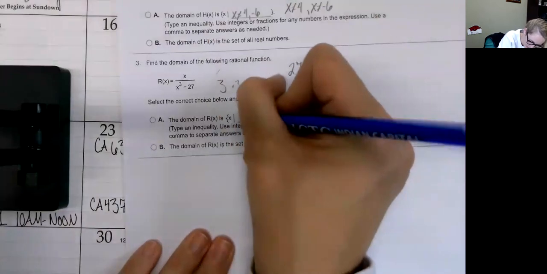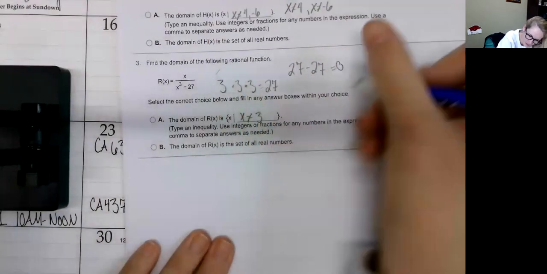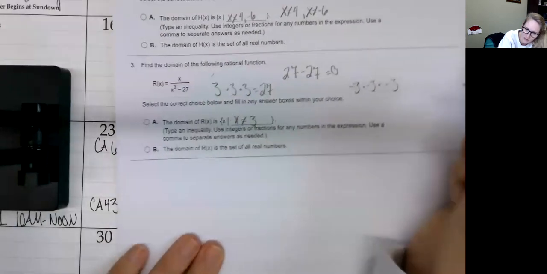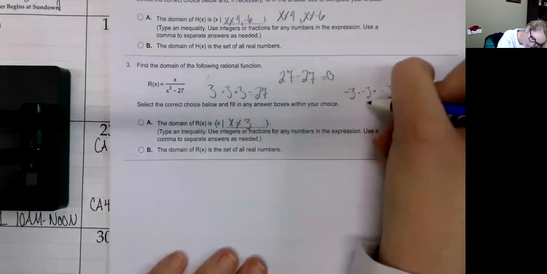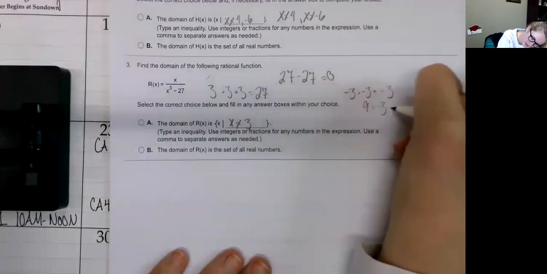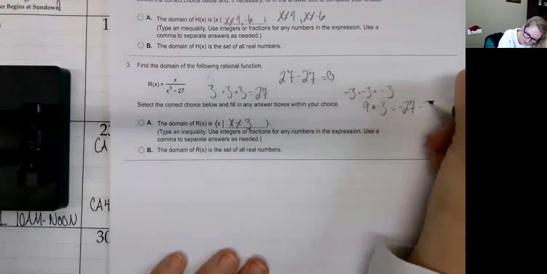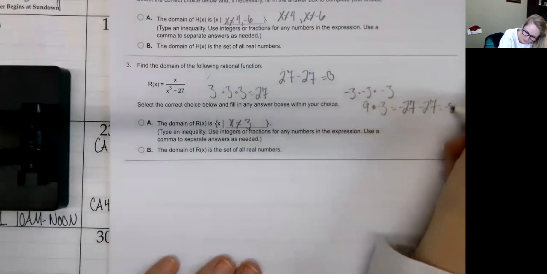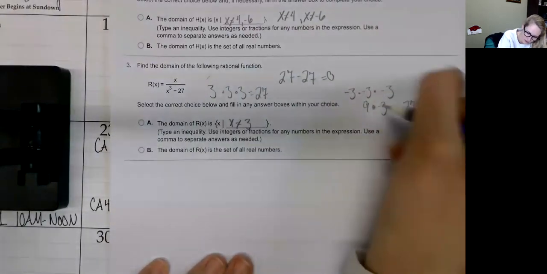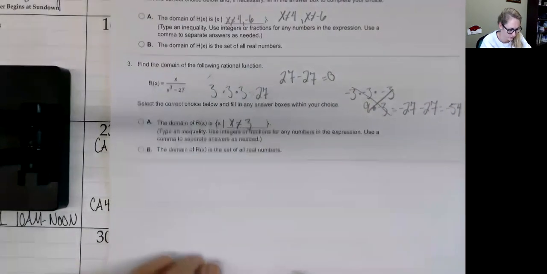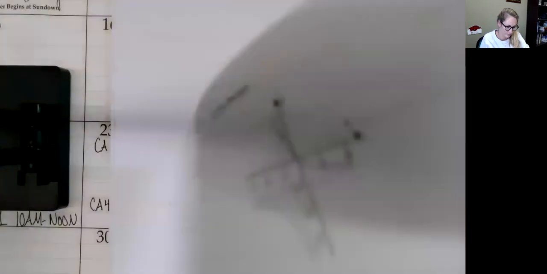So we have x cannot equal 3. But if we had -3 times -3 times -3, this would have been +9 times -3, which would have been -27, and -27 subtract 27 is -54. So just +3 on that one.